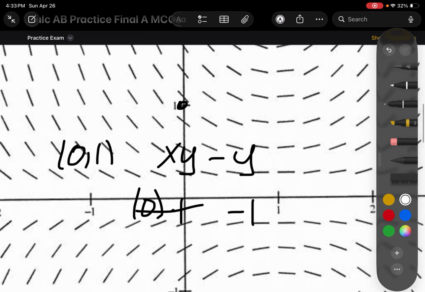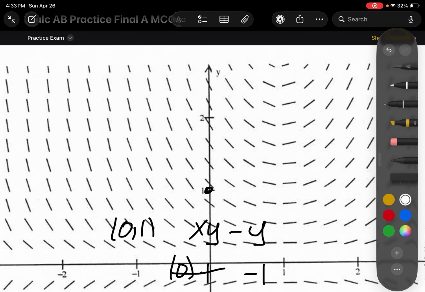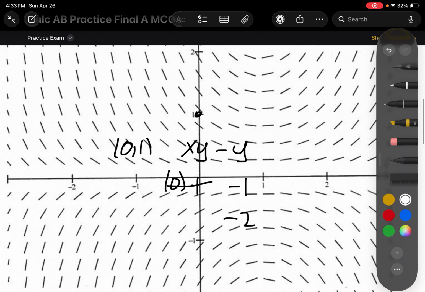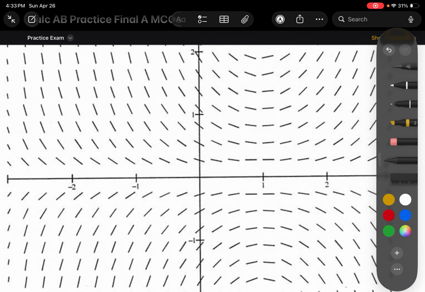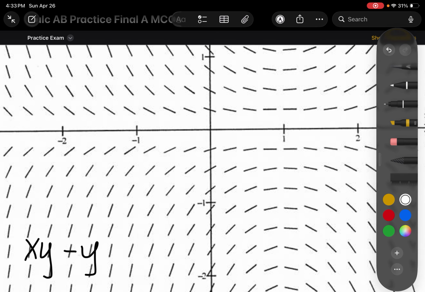And the same thing happens with 2. It's just going to be -2, which means that the slope is just going to be more narrow. That is also the case here. Let's look below the x-axis and check if it's also giving us the same criteria. So our equation is x times y minus y.